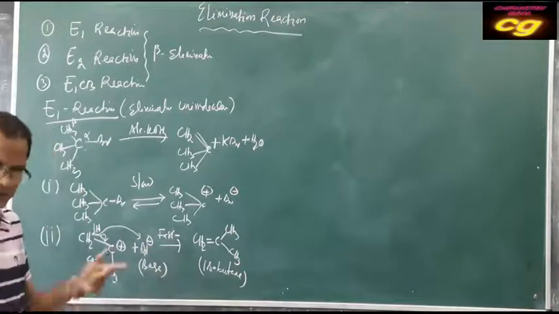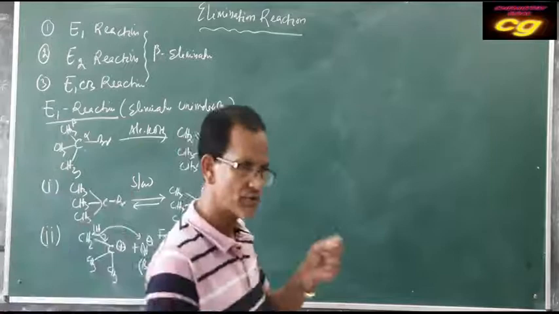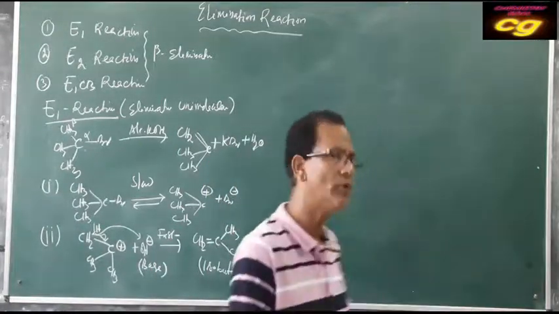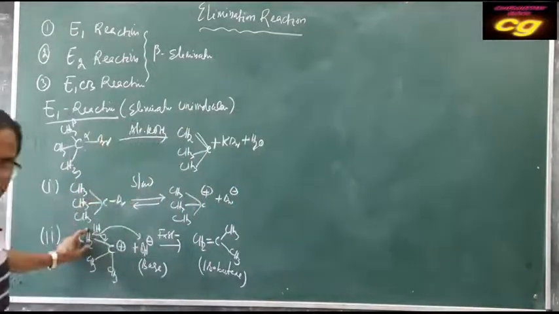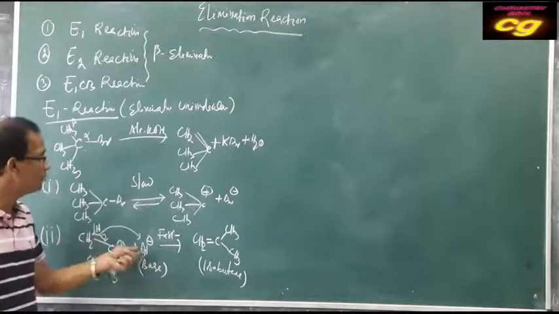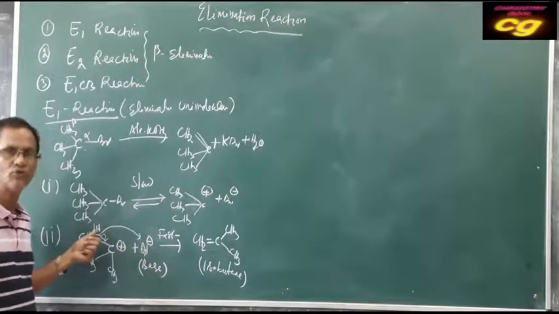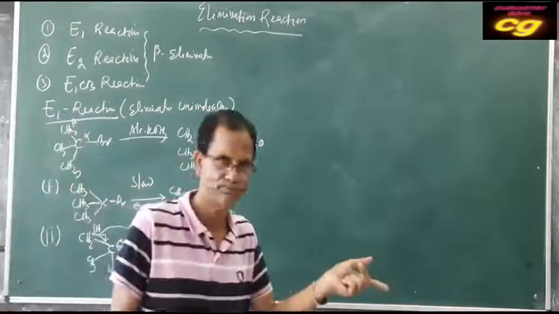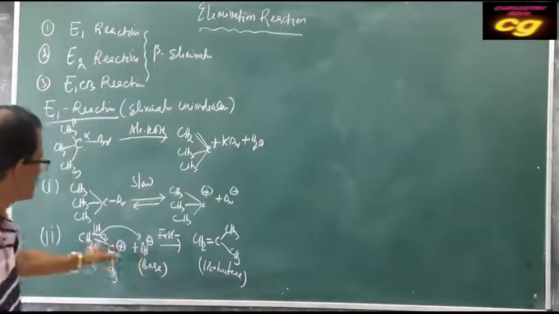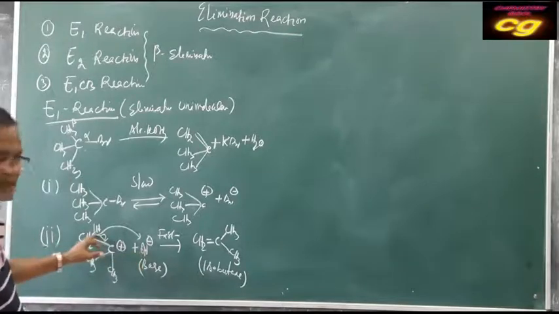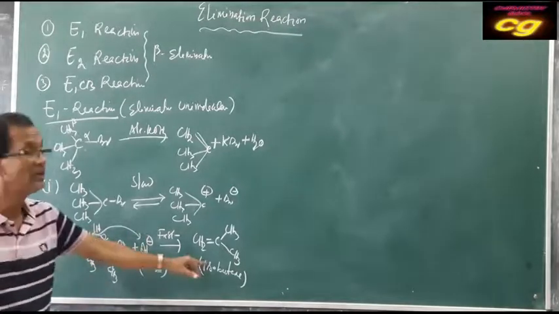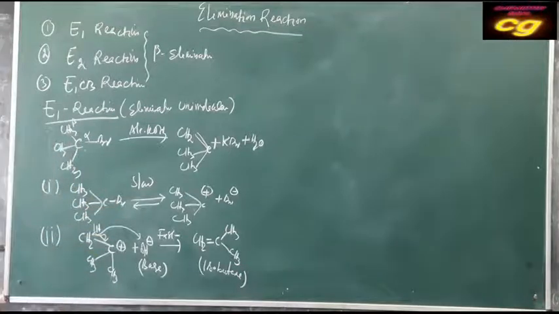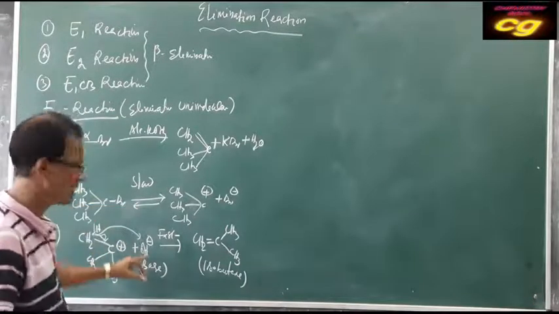What is the difference between a base and a nucleophile? The substance which abstracts a proton from the molecule is called a base; it attacks the hydrogen. A nucleophile attacks the carbon. This is the difference, which is why it acts as a base here. The base abstracts a proton from the beta carbon, forming the alkene. So it is a two-step process: the first step is slow and the second step is fast.